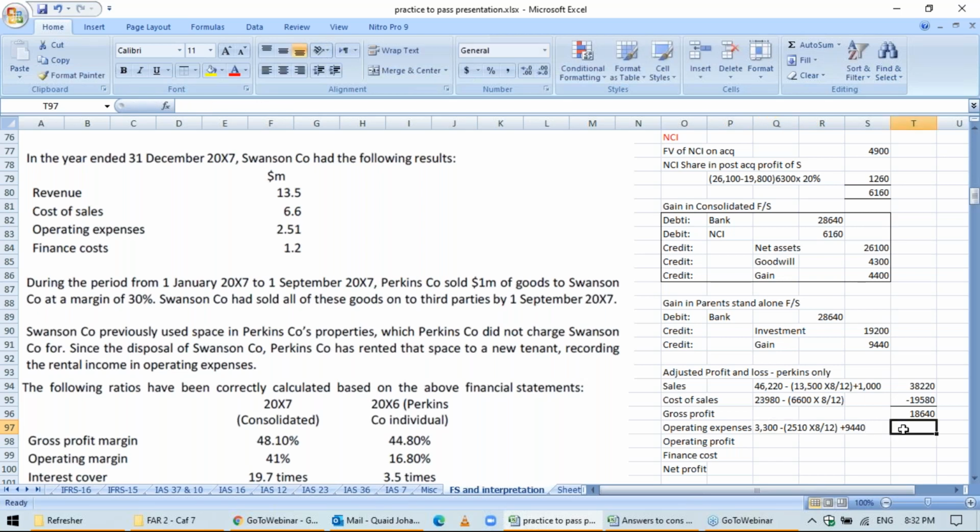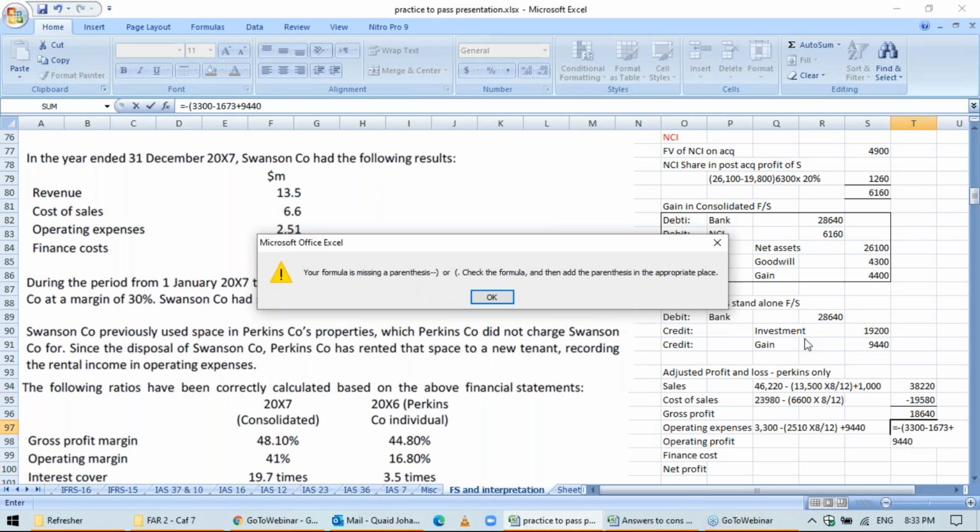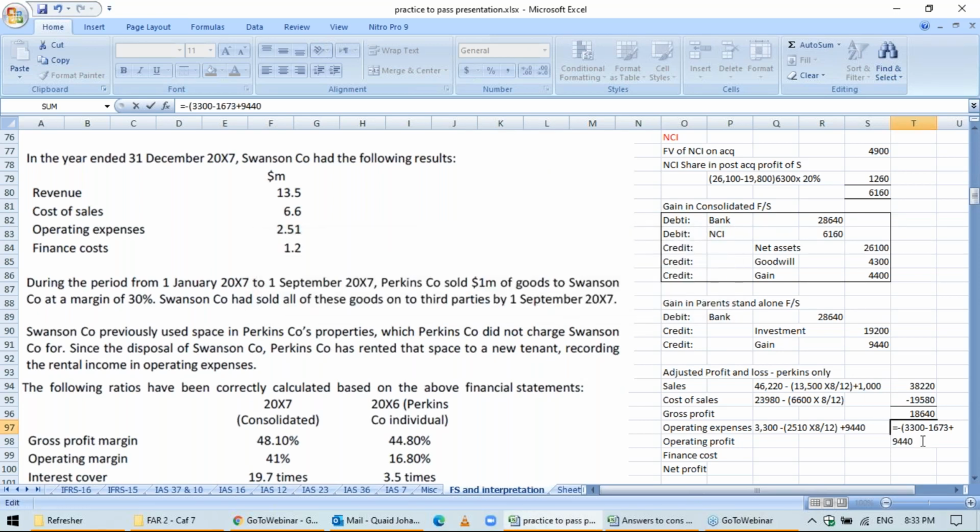So now the expenses amount will be, so now we get the operating profit.